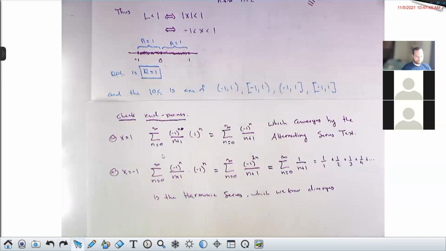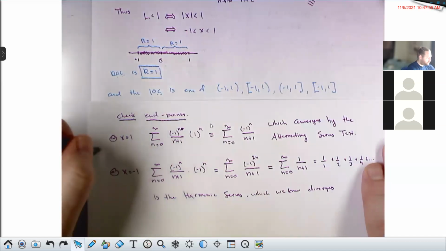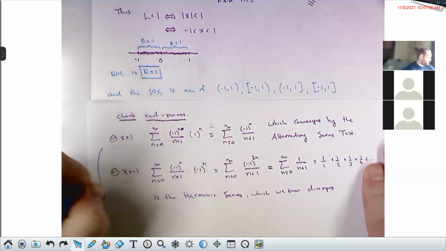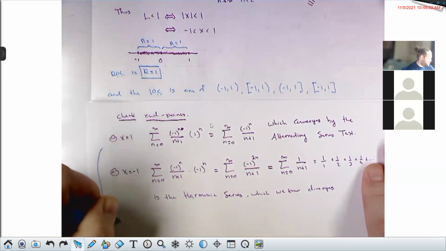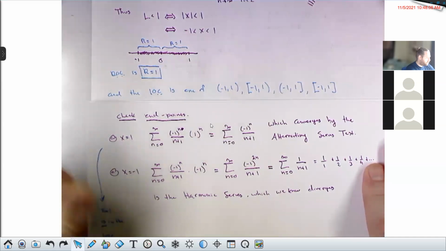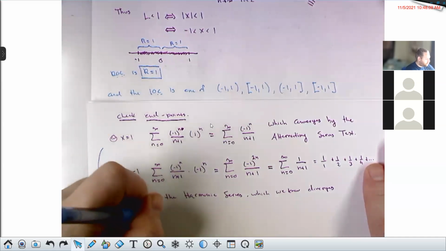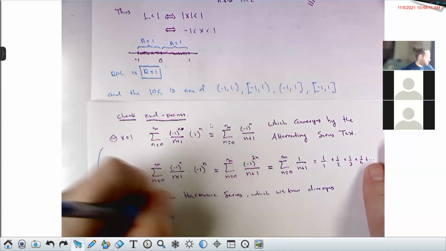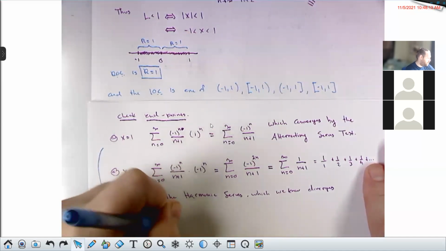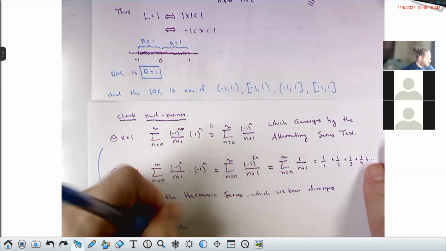So when we plug in x equals 1, I get a convergent series, which means 1 must be in the IOC. And when we plug in x equals -1, we get a divergent series, which means x equals -1 is not in the IOC.